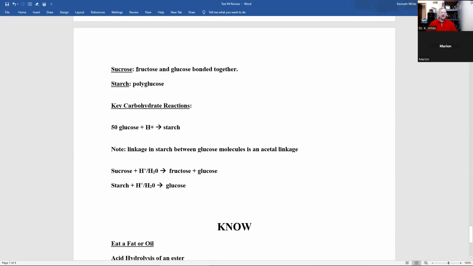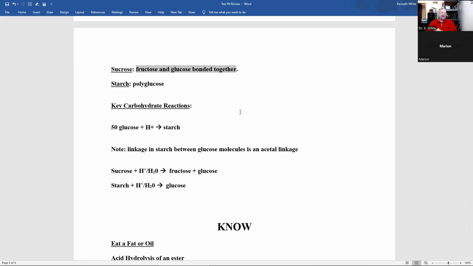And you should know sucrose, table sugar, is fructose and glucose bonded together. Starch is poly. Remember, poly means many glucose molecules together.